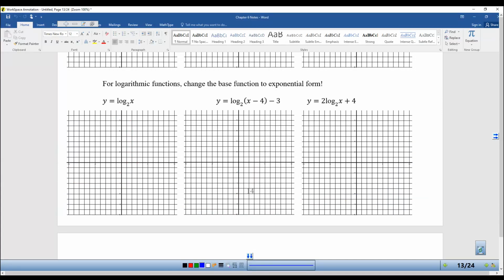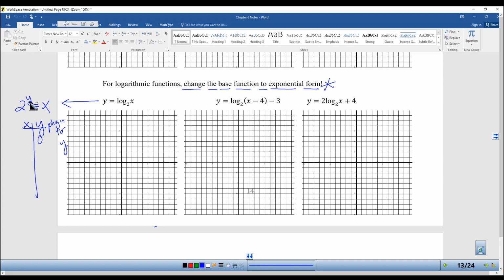Next set, logarithmic functions. This is the most recent kind of graph that we did this year. And honestly, as long as you can do this, these are going to be a piece of cake. So y is equal to log base 2 of x is the exact same thing as 2 to the y is equal to x. So make your table using the exponential form and then plug in for y.